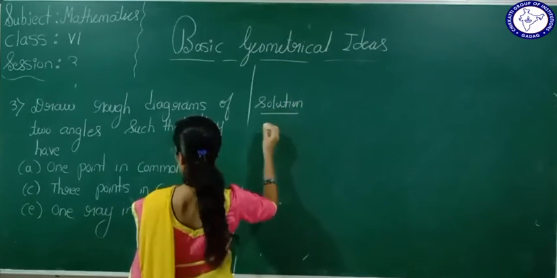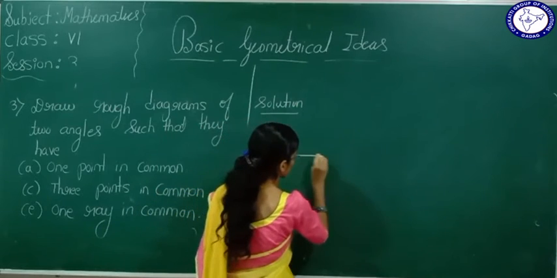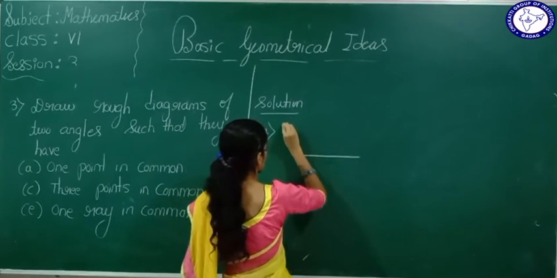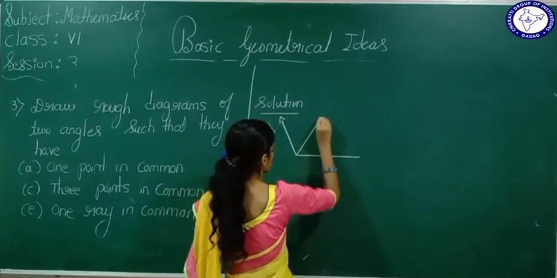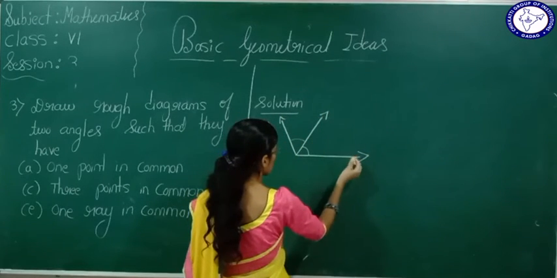Once more I will tell here. First they have told to draw two angles. For those two angles, 1 point should be common. See how. So for the solution, A1C I will draw here. They told us to draw two angles. Definitely this is one angle, this is one angle, no?